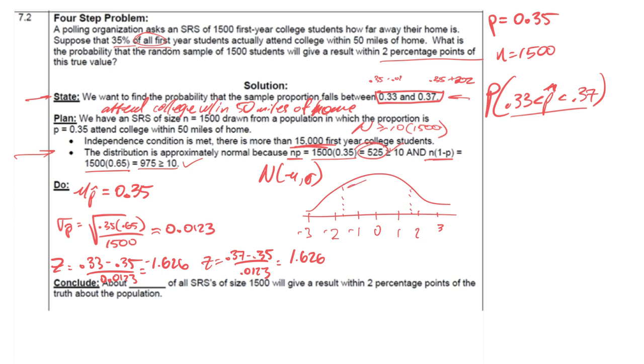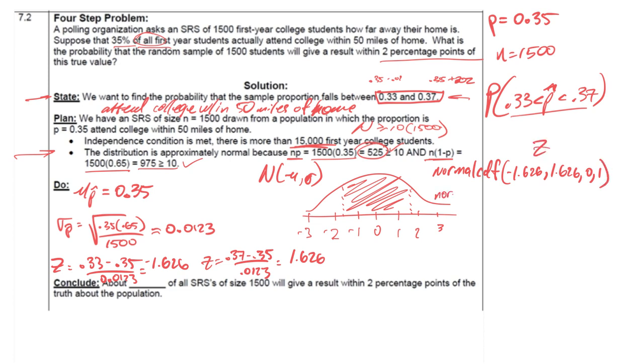We're saying what's the probability that we're in here? If you're using your calculator, that's normalcdf. Negative 1.626, lower bound, upper bound 1.626. Mu is 0, standard deviation 1. That's if you standardize it.